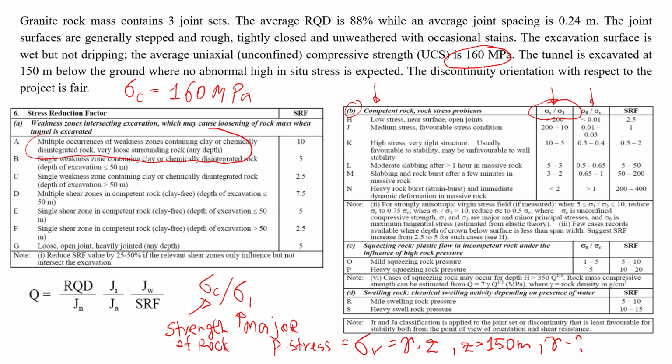So as I previously showed you, we are going to use this formula to estimate vertical stress: 0.027 times the depth, z. And the answer that we are going to get using this formula will be in MPa.